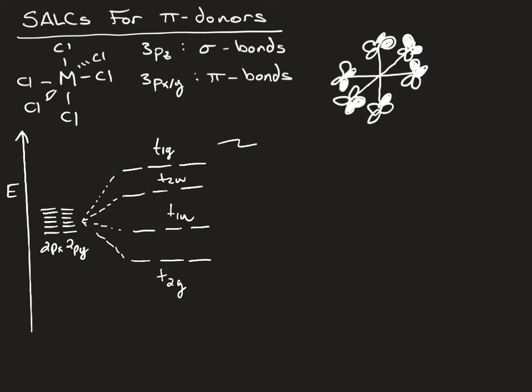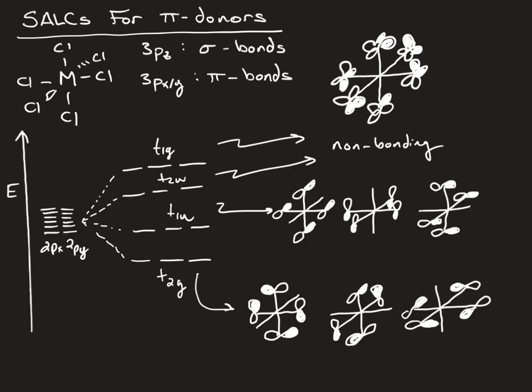Your T1g and your T2u have no symmetry-related metal atomic orbitals to bond into. So these will come across as non-bonding orbitals. The T1u and the T2g, on the other hand, have sets of orbitals that they can come in and bond with. These are what the T1u and the T2g SALCs look like.